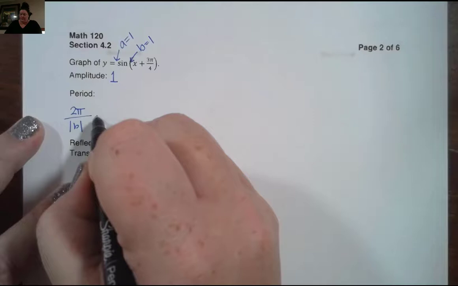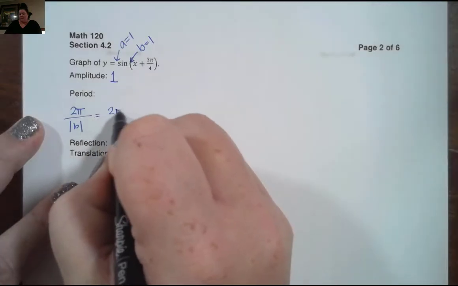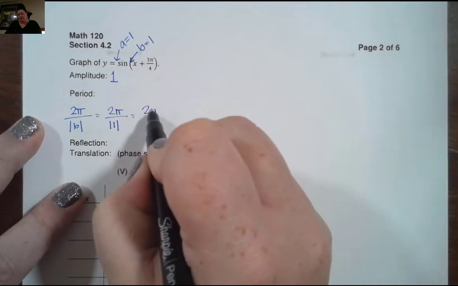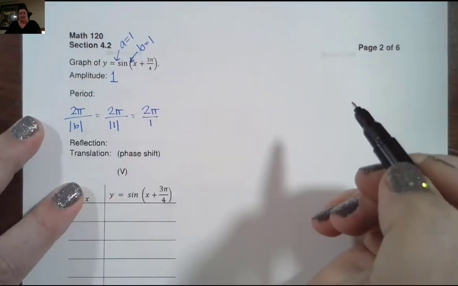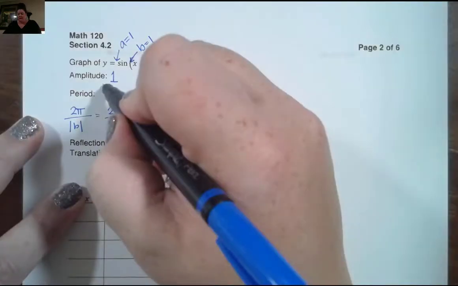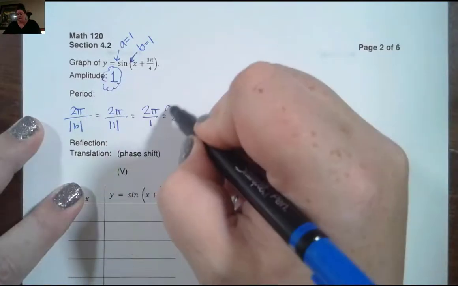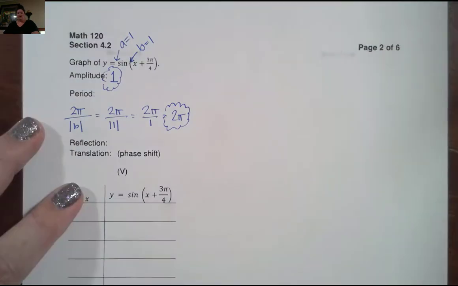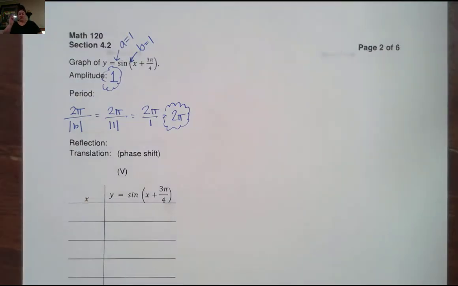So if b is 1, we just have 2 pi divided by the absolute value of 1, which is just 2 pi divided by 1, which is then just 2 pi. So we know our amplitude is 1, we know our period is 2 pi, but we need to figure out what our starting x value is and our ending x value so that we can come up with those 5 points to get our nice sine curve.